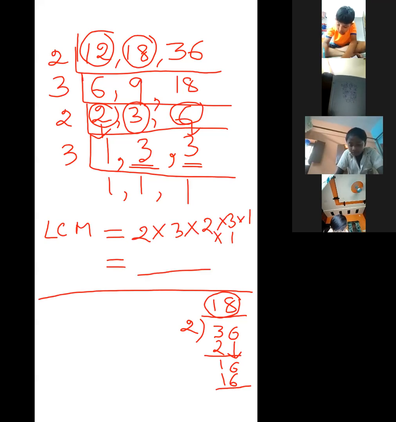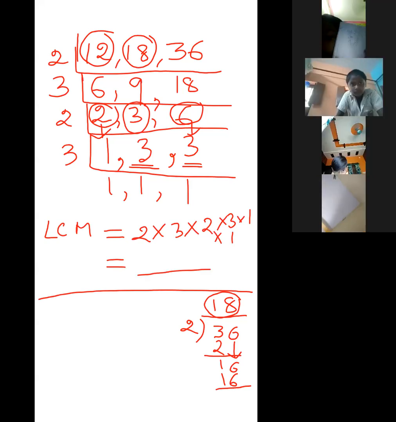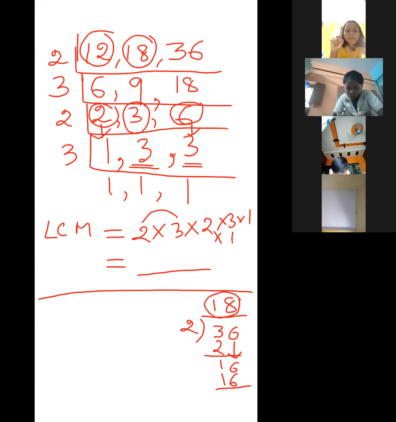Is equal to. Afrina, say the answer. Say the multiplication. 2 3s are 6. 6 2s are 12. 12 3s are 36. Exactly, 36.